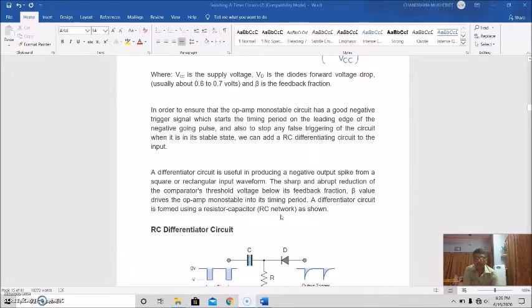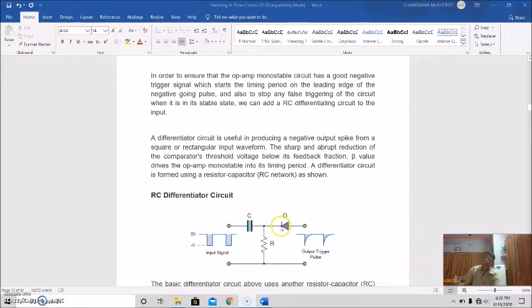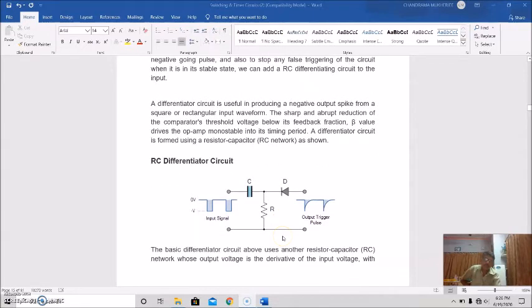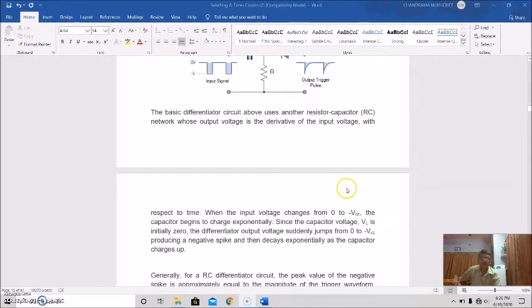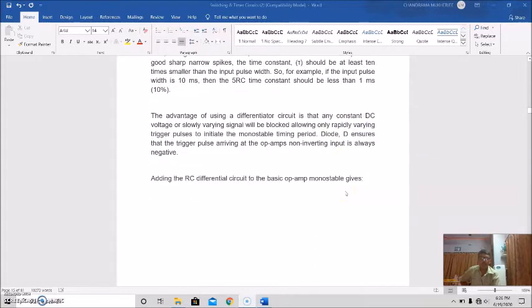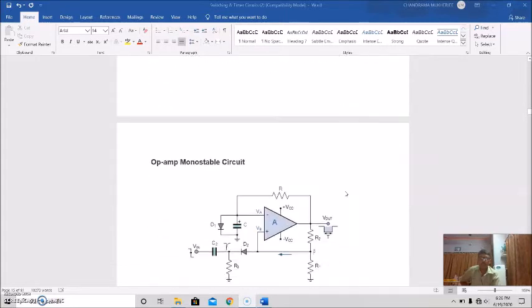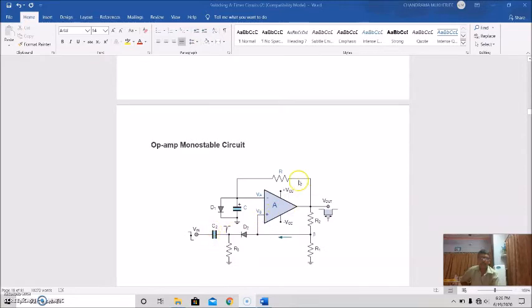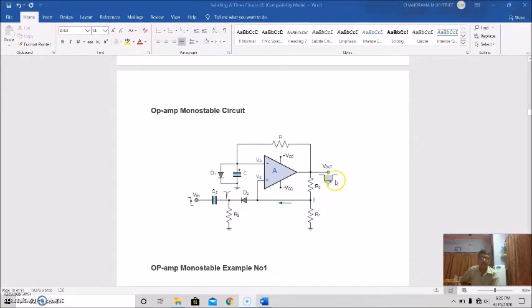Lastly, we used the RC differentiator circuit, which is used to complete the basic monostable multivibrator circuit using op-amp. We added this RC differentiator network. First we started with the inverting amplifier, then the Schmitt comparator, then the RC feedback path. Then we used this RC differentiator circuit because its spike is used, and this is the output.